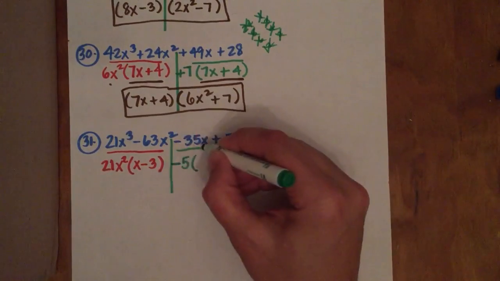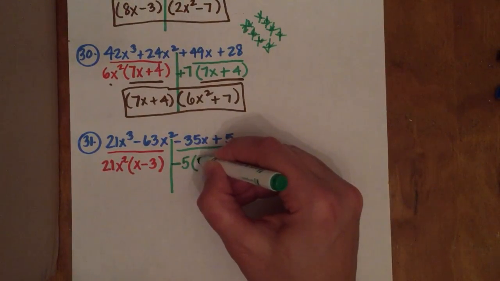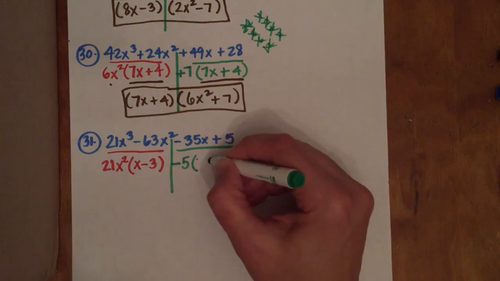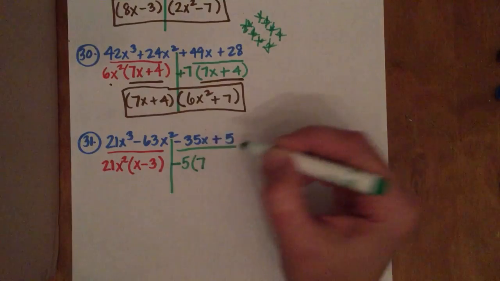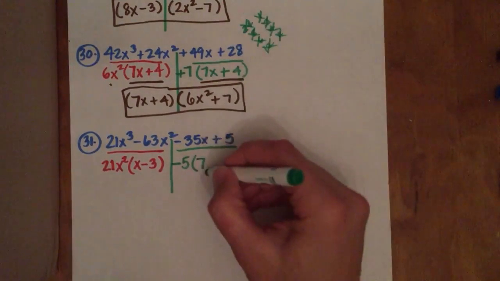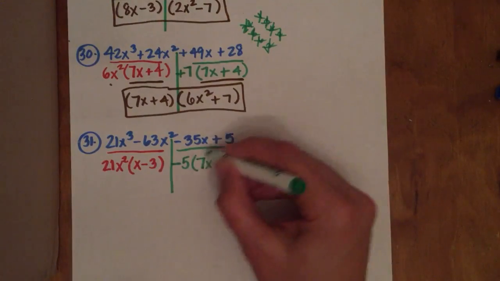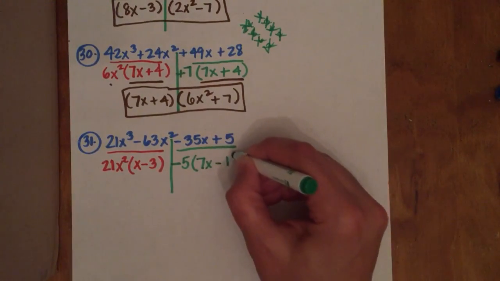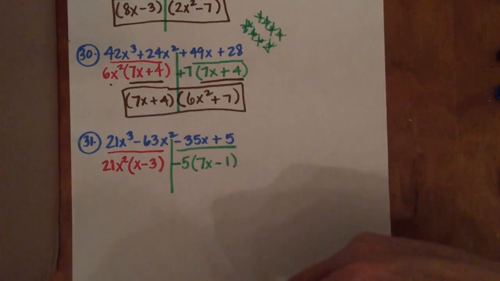When I factor out this negative 5, negative 35 divided by negative 5 gives me a positive 7. And I've got an x in there. Then I have negative 5 divided by negative 5 is minus 1. So I have 7x minus 1.